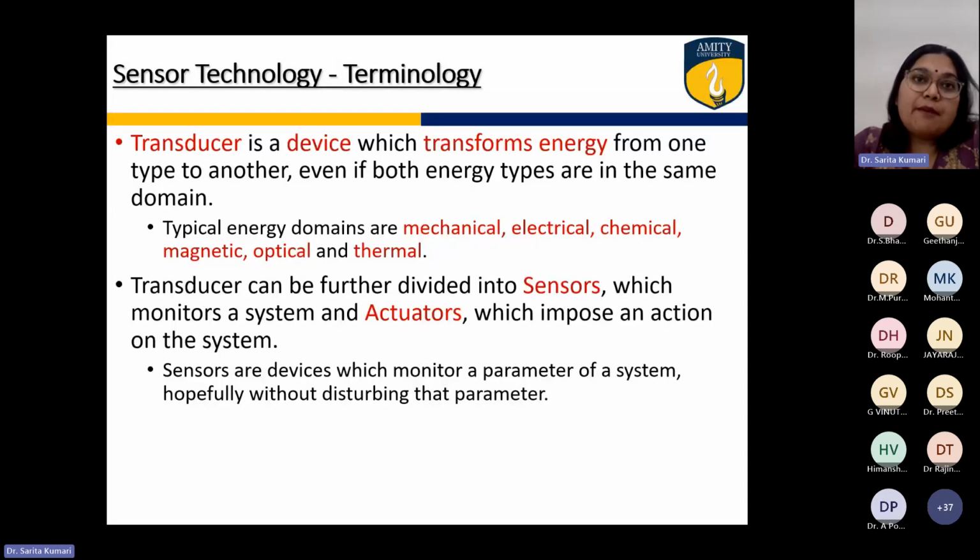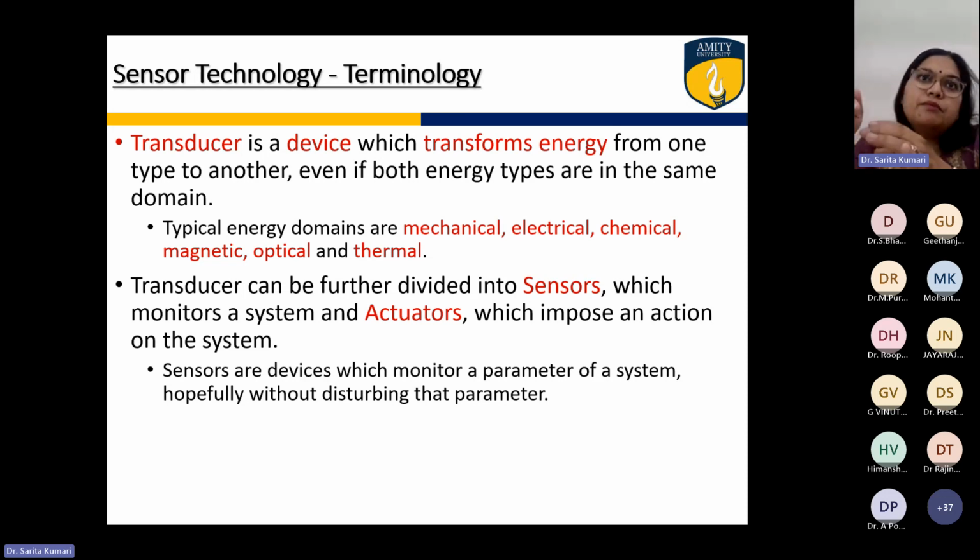Now I have given the example of LVDT, which is based on the inductive principle. If I connect one LVDT to this displacement output, it will give me an electrical output. So what is happening? Pressure is being converted into displacement. That is the example of a primary transducer.